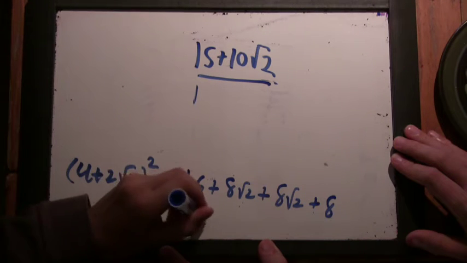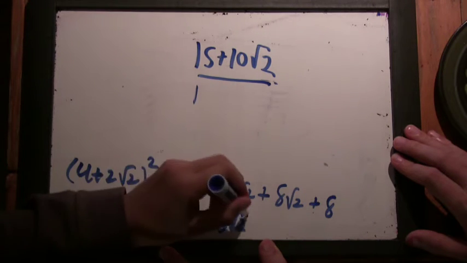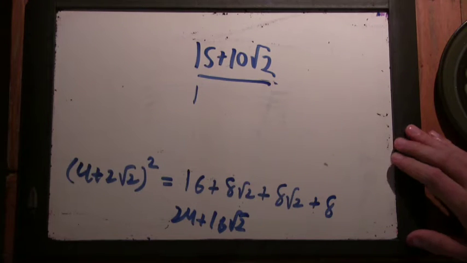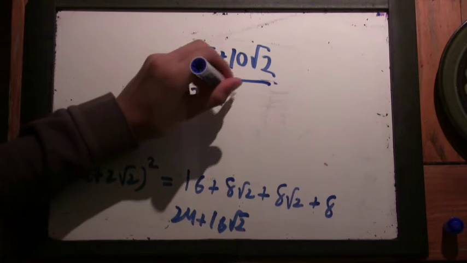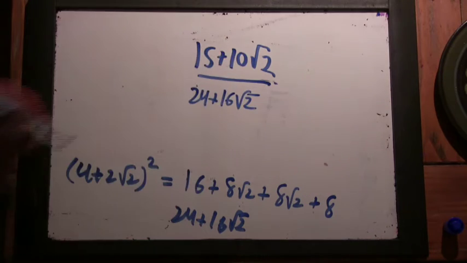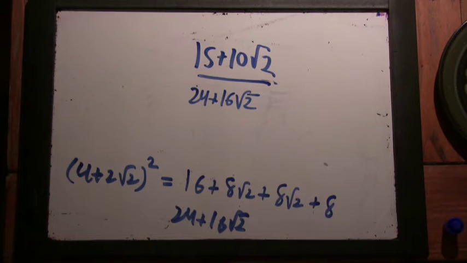So 24 plus 16 root 2. So then whatever this is going to be our ratio.